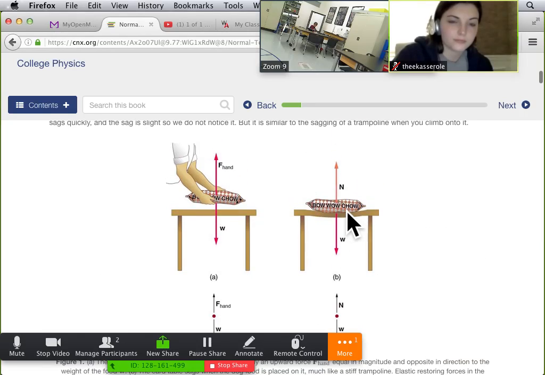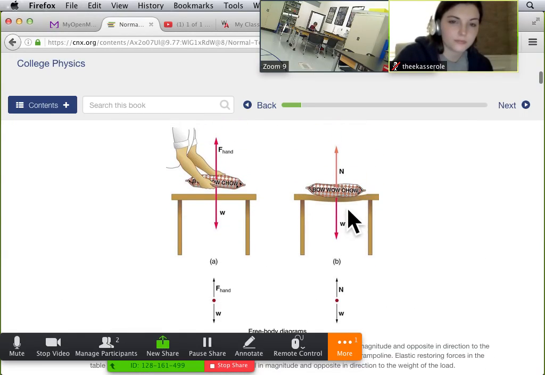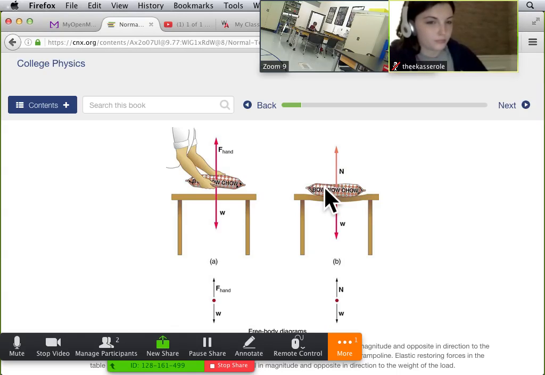But these are not Newton's third law of forces, okay? If you want to talk about Newton's third law of forces, you have to talk about the fact that the table feels the weight of the dog food.